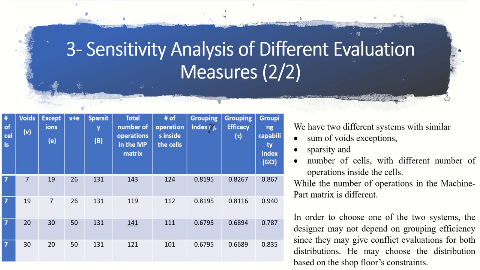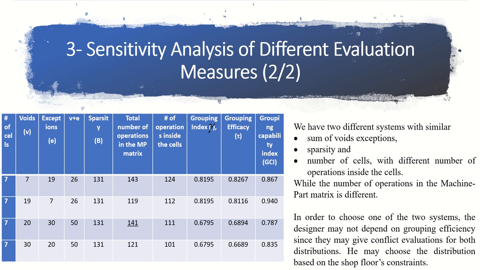In the second table that summarizes the second case study of Nair and Narendran, it shows that the number of cells, sparsity, and the sum of voids and exceptions are constant for both cells. Based on these measures, the designer cannot choose the optimal or the best distribution between the two cells, V plus E 26, since the three grouping measures give different conflict evaluation.